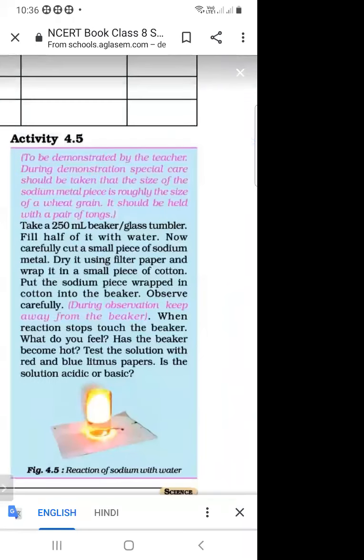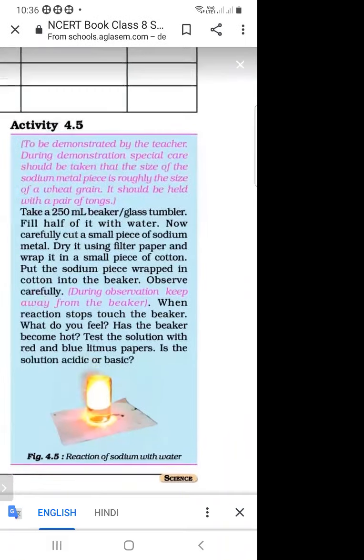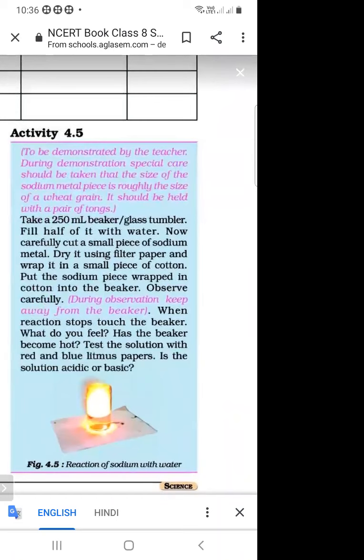Next is Activity 4.5. This activity is always done in the presence of a teacher. In this activity we take a piece of sodium metal, roughly the size of a wheat grain.